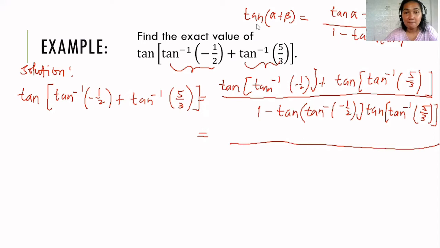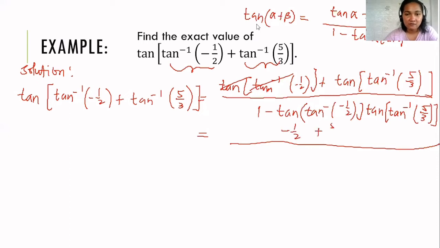We can apply composition of functions for this one, especially since the included values are part of the domain of the function. Negative 1/2 and 5/3 are part of the domain of the inverse tangent function, since its domain is the set of all real numbers. So we can cancel out the tangent operator by following the property for inverse functions.